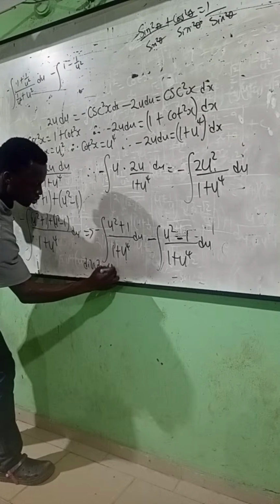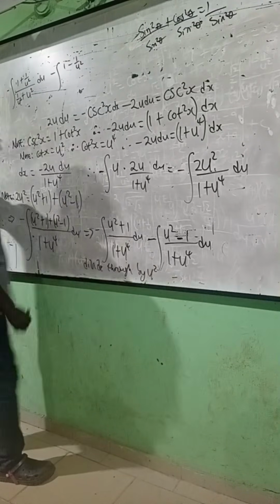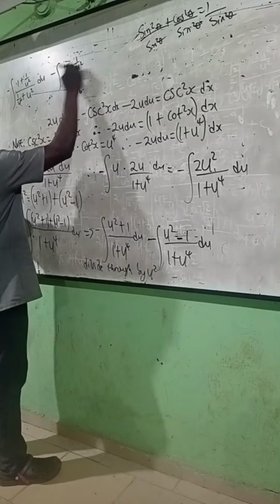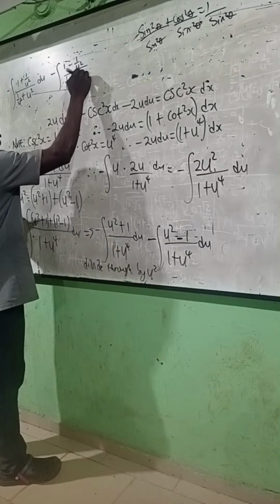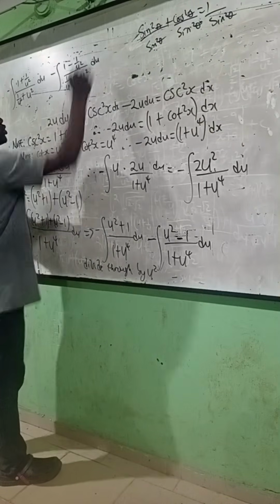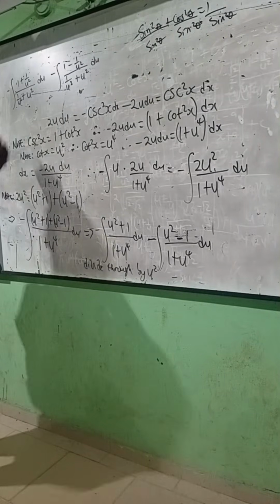Divide through by u squared. Over u squared divided by 1 divided by u squared plus u squared du. Are we done?